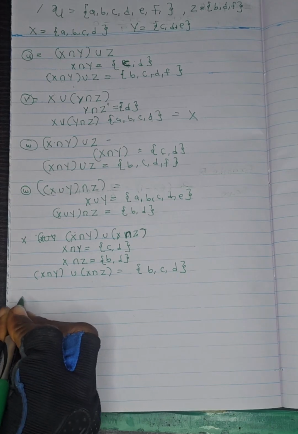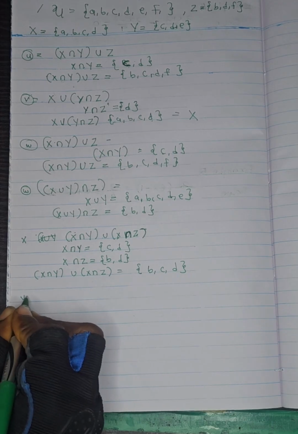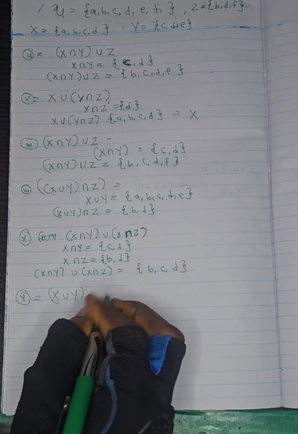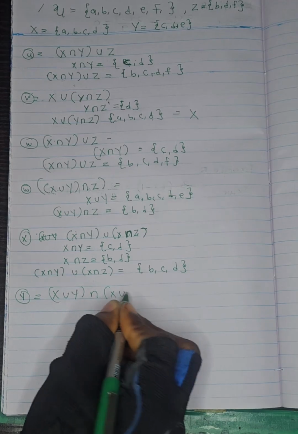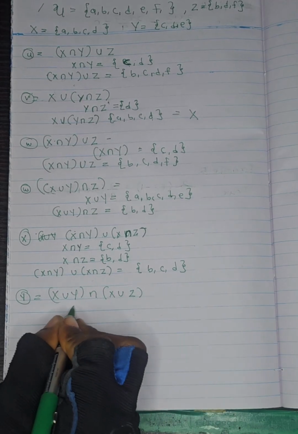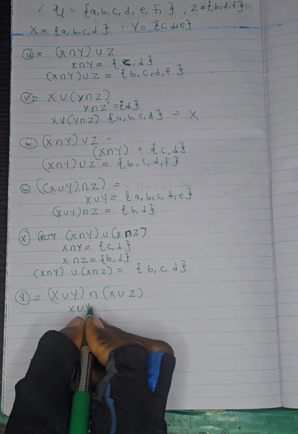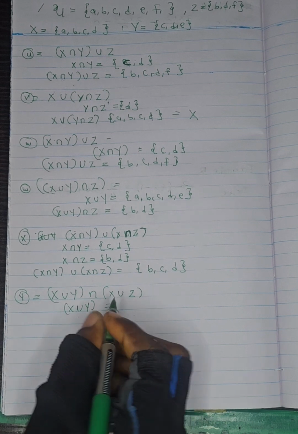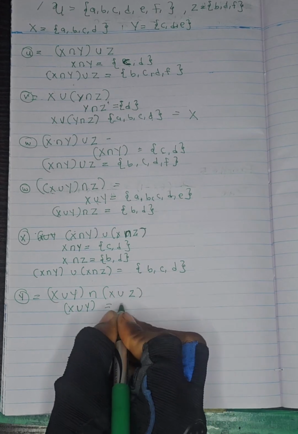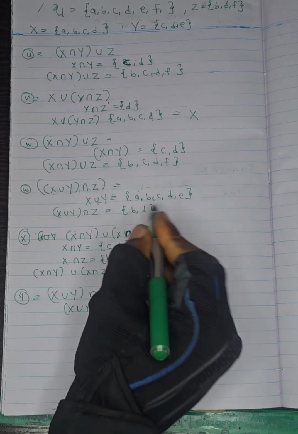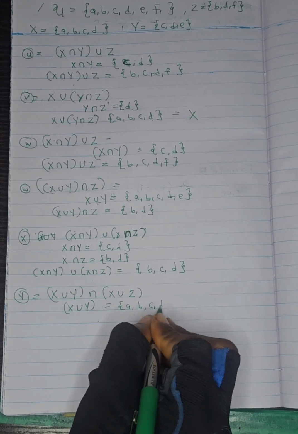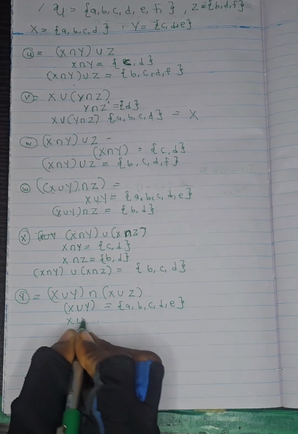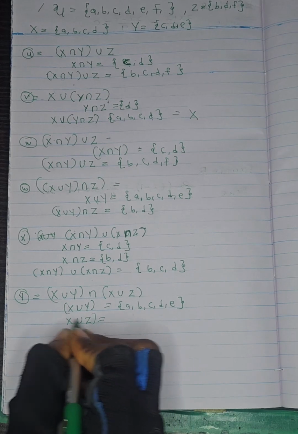Let's go for Y. Number Y. We have X union Y intersection X union Z. So X union Y is equal to, look at our X union Y, we've done it before. A, B, C, D, and E. Then X union Z, this is the other bracket.